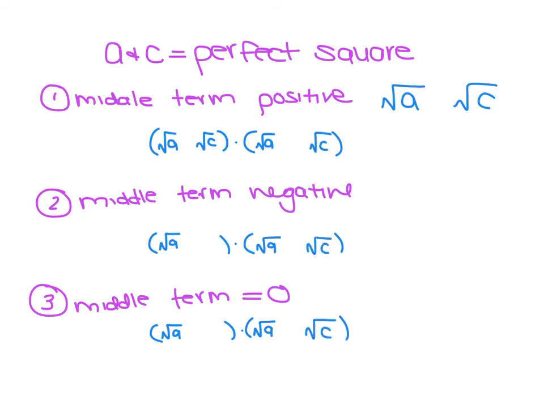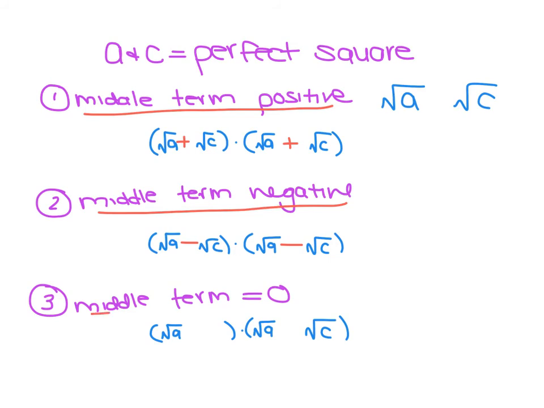The only difference here that we found as we solved all of these was the signs that go inside of your parentheses. If you have a middle term that is positive, or a middle term that is being added in between a and c, your 2 parentheses are going to contain 2 plus signs. If you have a middle term that is negative, your parentheses are going to simply have 2 subtraction symbols inside of them.